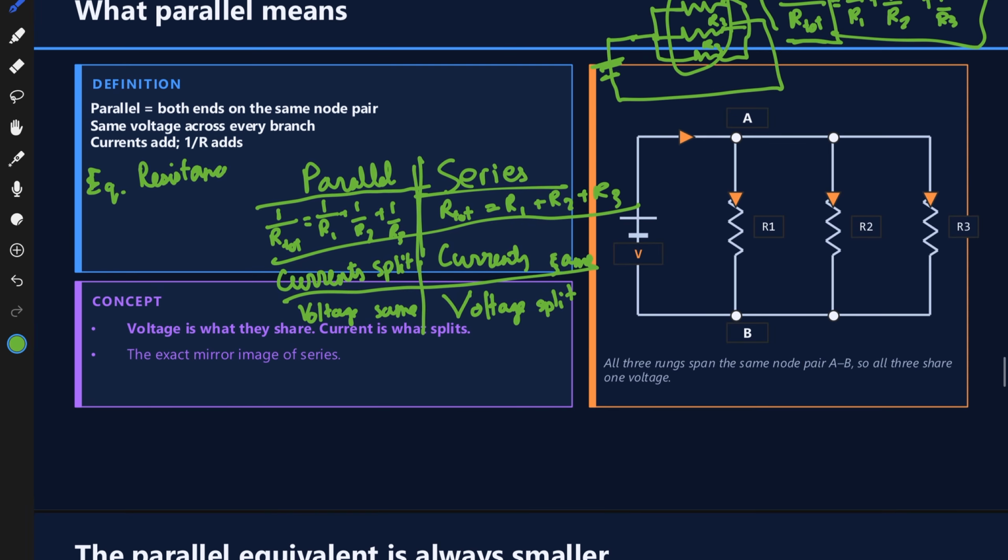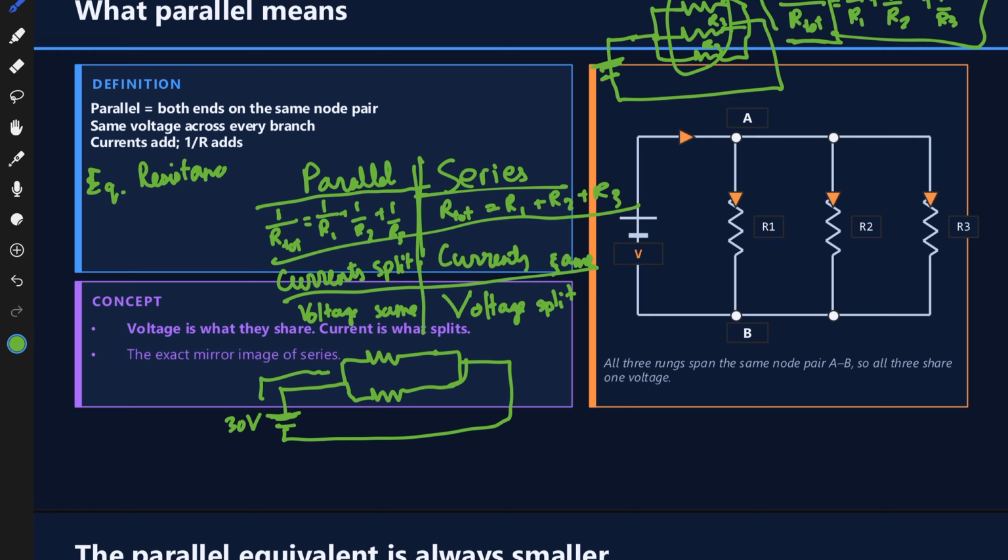Okay? So for example, if you had a parallel circuit like this, right? Then suppose you had 30 volts, right? You would assume that if you had a series circuit, if you had two different resistors, then each one would dissipate a certain amount, right?